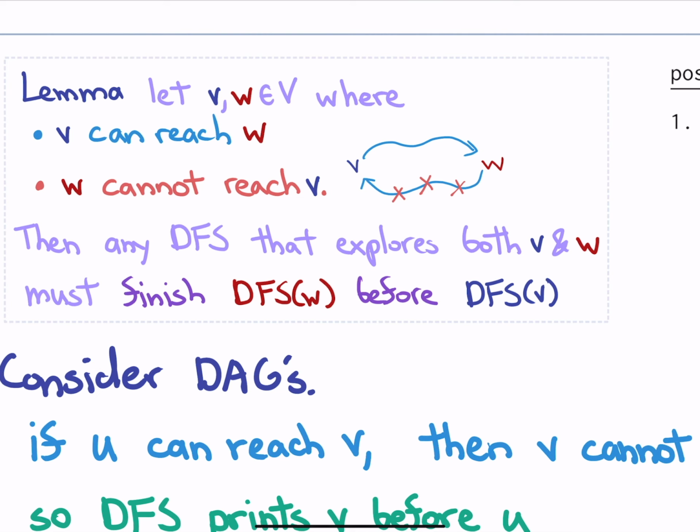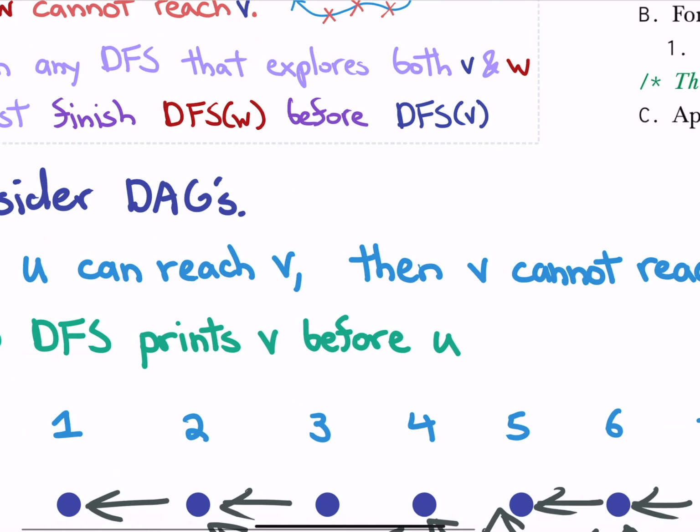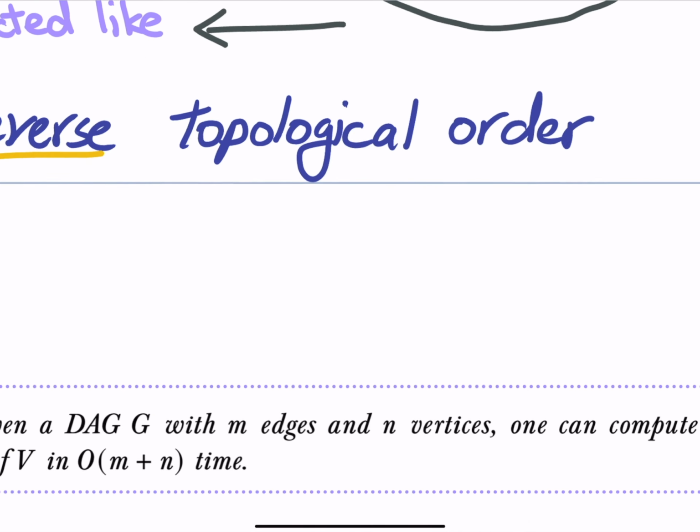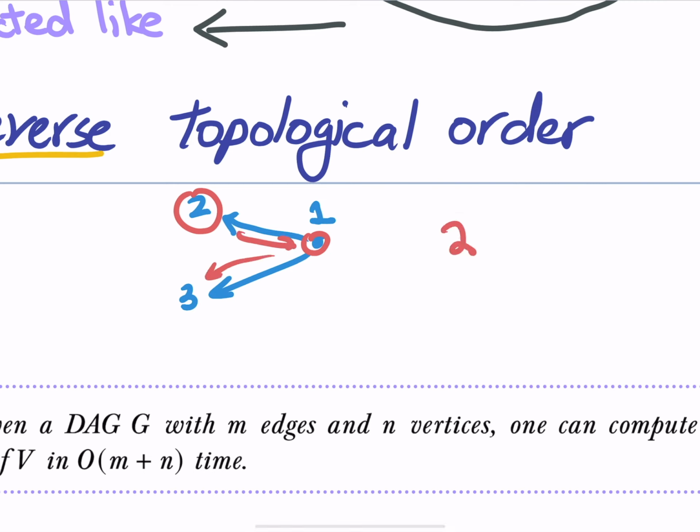Okay, let's go through your example. Say I have vertex 1, vertex 2, vertex 3. I'm starting at 1. I'll go to 2 and print out 2, then go back, print out 3, go back, and then print out 1.